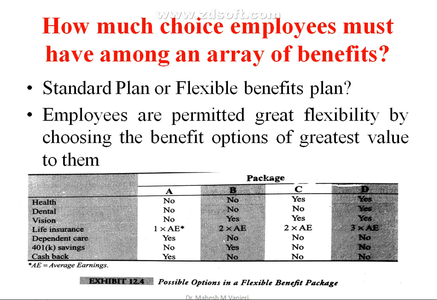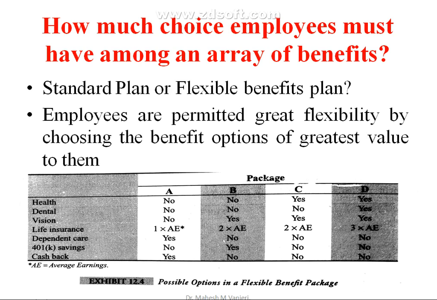Savings, no, then cashback. If there is any way he will spend, cashback is given. That benefit is also provided, though not in every country or every company. If you consider person B, he has gone for the vision benefit, eye care benefit, he might be having some problem with that. His life insurance he has taken more, like 2 times his average earnings.